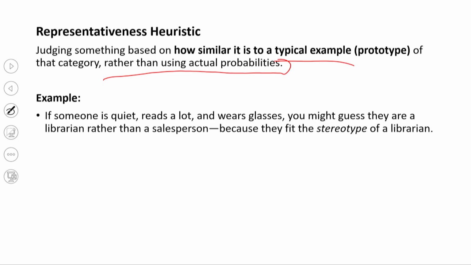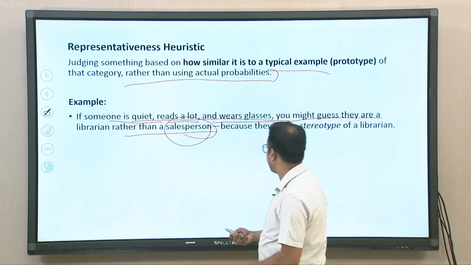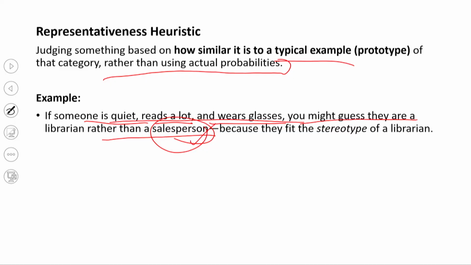For example, if someone is quiet, reads a lot and wears glasses, you might guess they are a librarian rather than a salesperson, or maybe an academician rather than a salesperson, because this kind of imagery, somebody quiet, reading, wearing glasses, is a prototype of somebody who studies a lot or does research. They fit the stereotype or prototype of a librarian or a student, whatever it is.